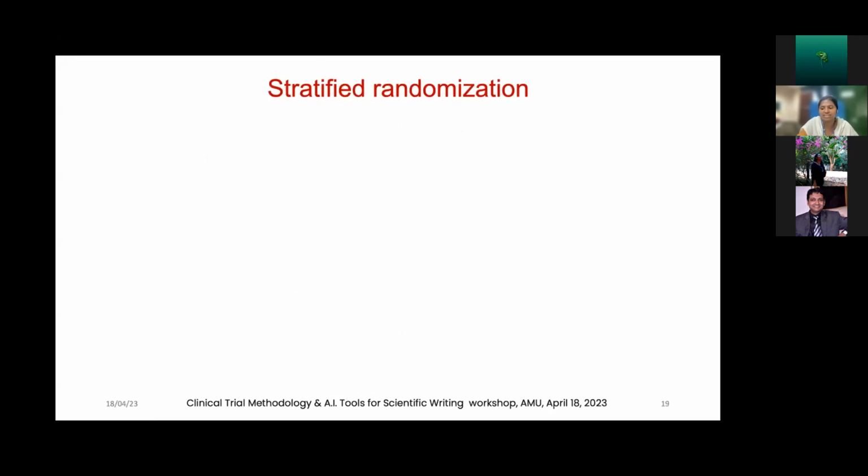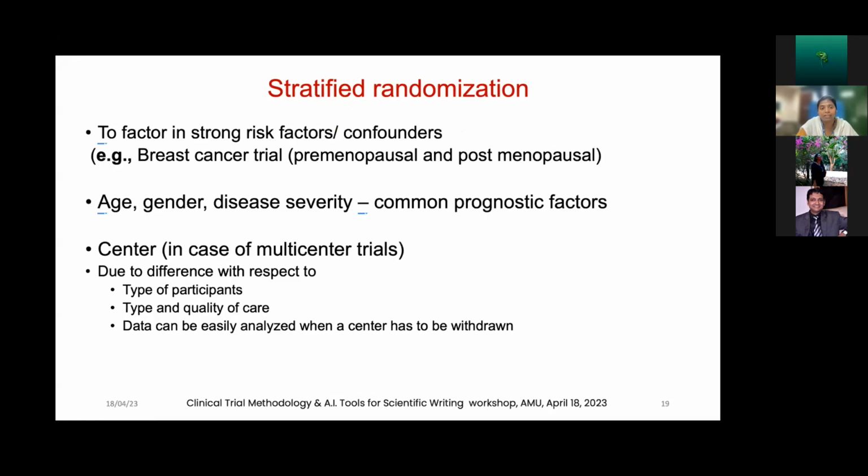When we do stratified randomization, as I have already told in my classification, it is mainly to factor in strong risk factors or confounders. If you want to balance the strong risk factors or confounders in both groups, then you go for stratified randomization.